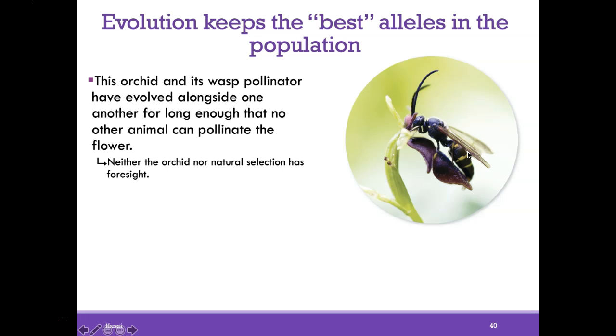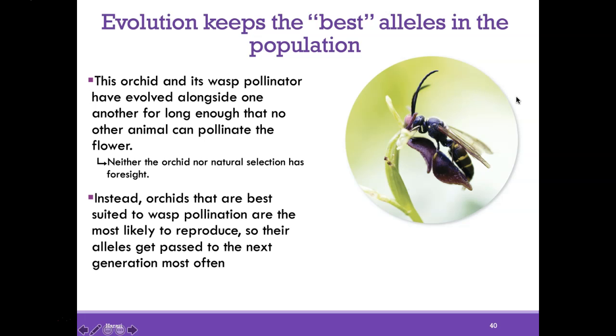The male didn't choose to have a sticky body so it could transfer pollen from one orchid to the next, right? This happened together, right? Instead, the orchids that were best suited to wasp pollination were the most likely to reproduce. Right, the ones that smelled most like female wasps were most likely to be pollinated and therefore spread.